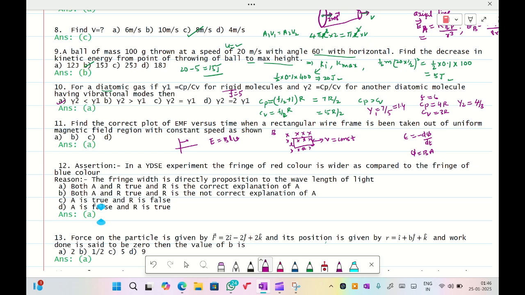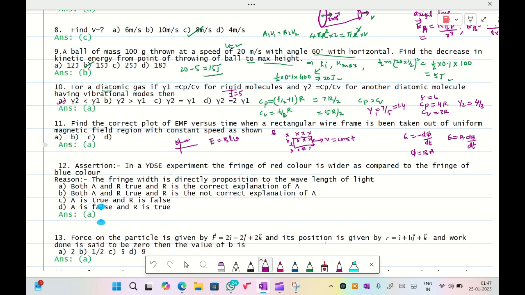In some cases B changes, so EMF is A into dB by dt, and the minus sign indicates direction. But here it is motional EMF, BLV, because the area is changing. Since V is constant, the area changes constantly, so E is constant.